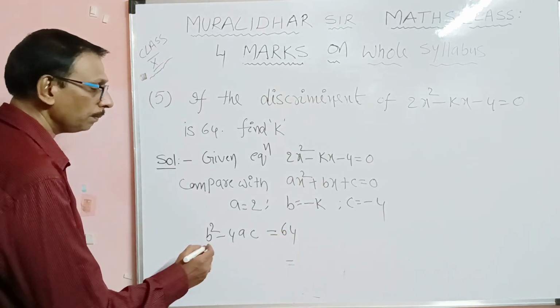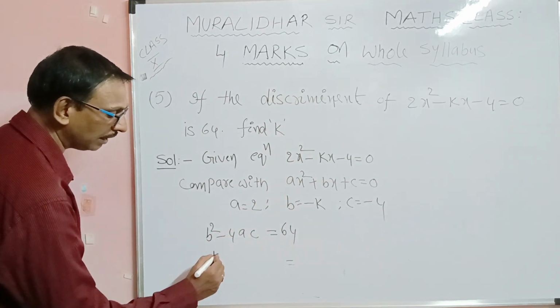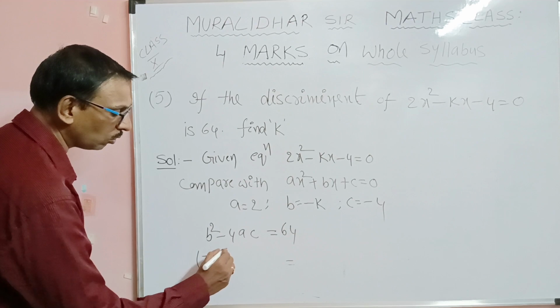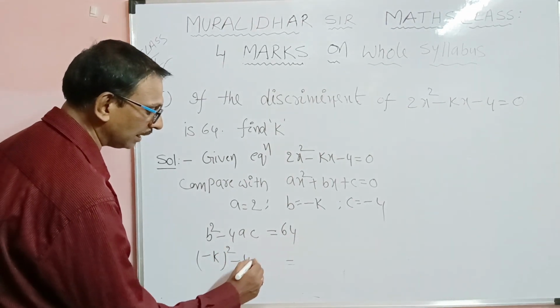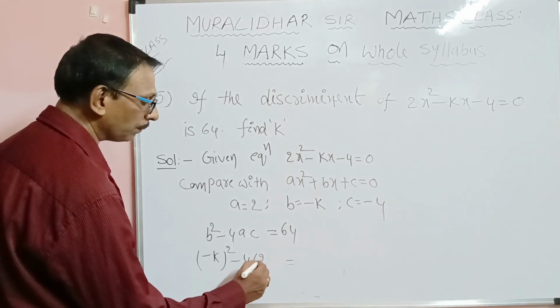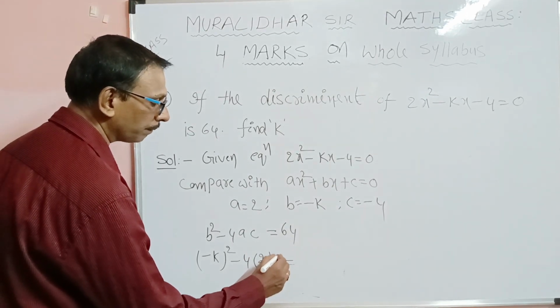Now b square minus 4ac. b square అంటే minus k whole square minus 4ac. a అంటే 2, c అంటే -4.